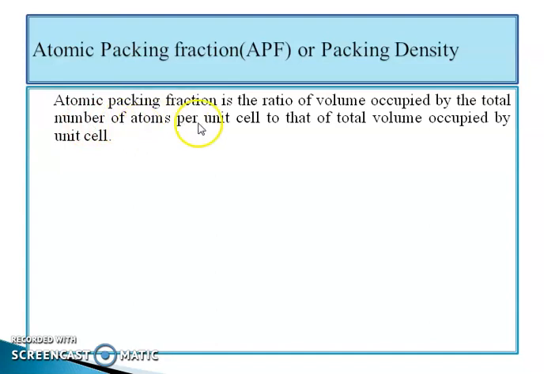As this number, that is the total number of atoms per unit cell, varies from structure to structure, the atomic packing fraction or packing density will also vary. Then what is this atomic packing fraction? It is the ratio of volume occupied by total number of atoms per unit cell to that of total volume occupied by the unit cell.